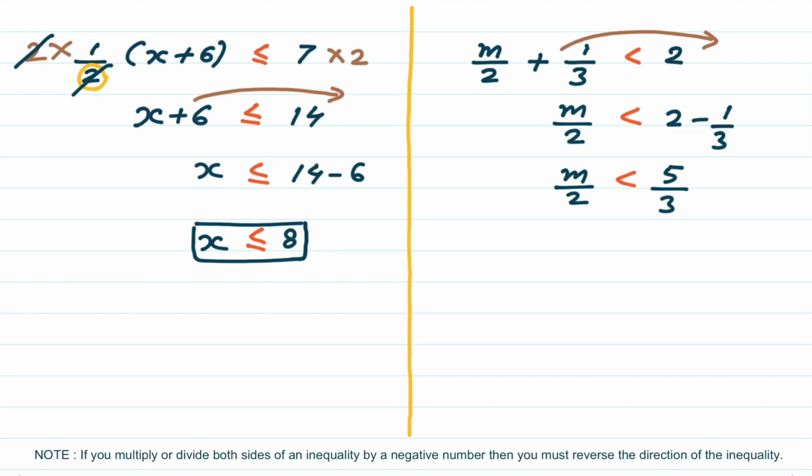Here in the denominator I have a 2, and so I multiply each side with the number 2. I get m less than 10 over 3, which is m less than 3 1 over 3.